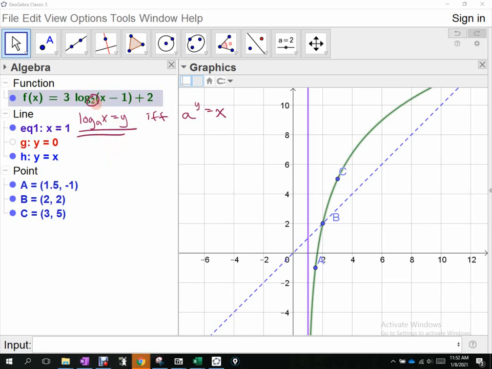I'm going to take that base and I'm going to raise it over here to that. Okay? So 2 raised to the y, essentially, is equal then to that. So x minus 1 plus 2. Still got my 3 here.